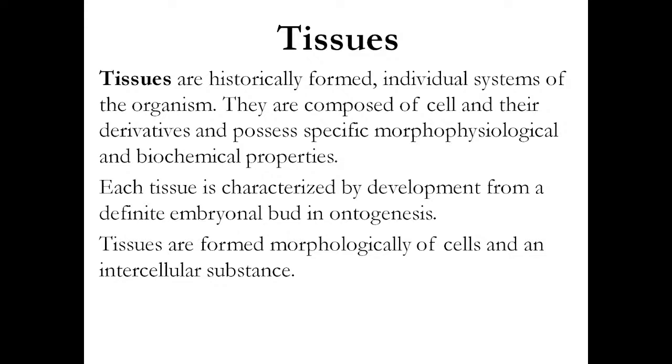They are composed of cells and their derivatives and possess specific morphological, physiological, and biochemical properties. Each tissue is characterized by development from a defined embryonal bud in ontogenesis. Tissues are formed morphologically of cells and intercellular substance.